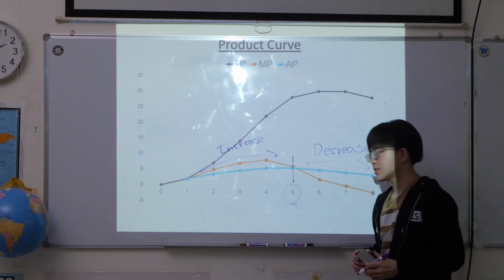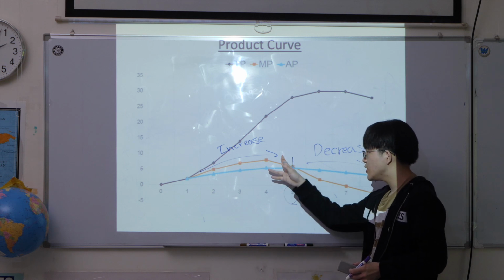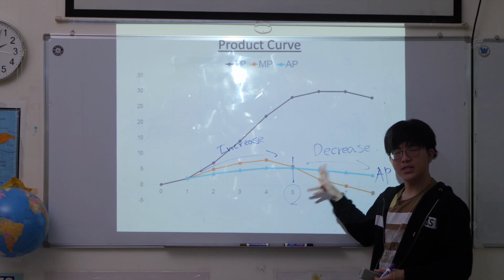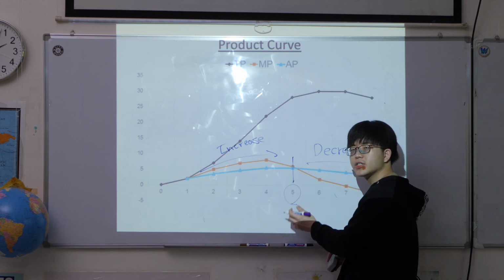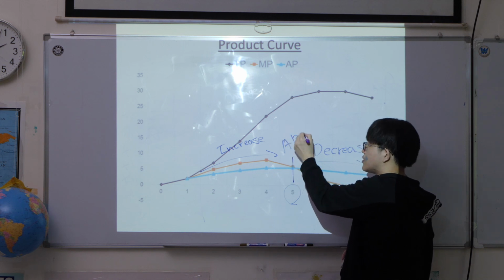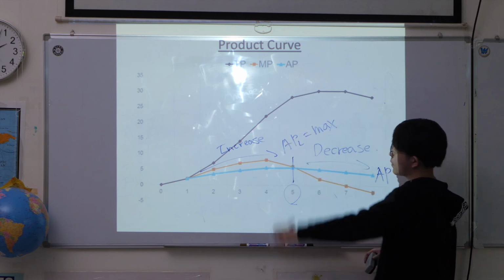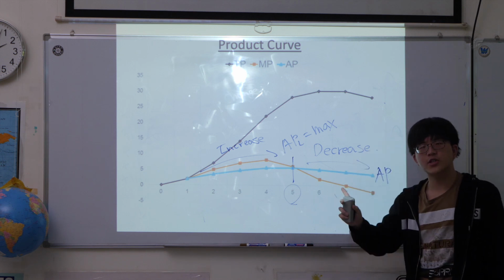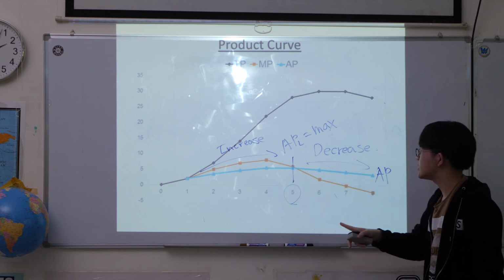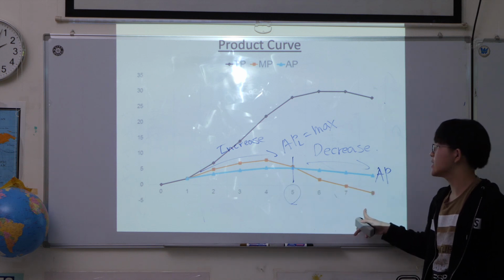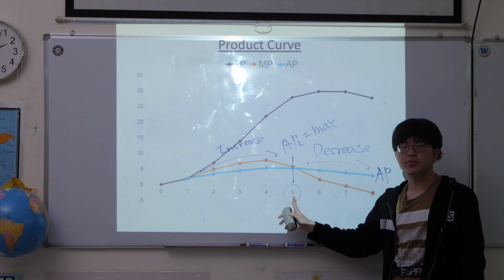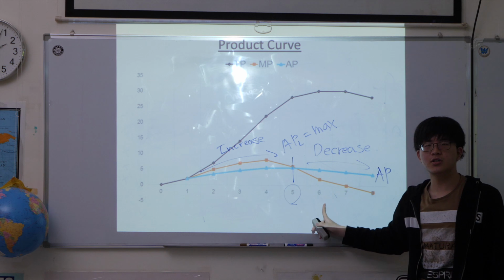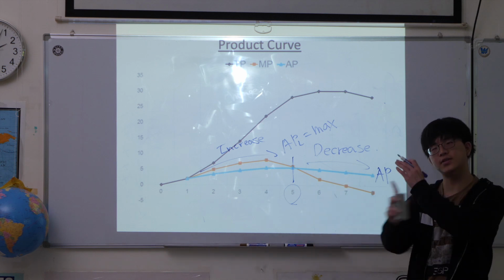The reason is that at the point where the labor is 5, the average product of labor is maximized. So the relationship between the average product of labor and the marginal product of labor is that when the average product of labor is maximized, it crosses or intersects the marginal product of labor.